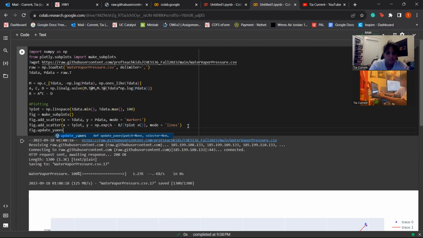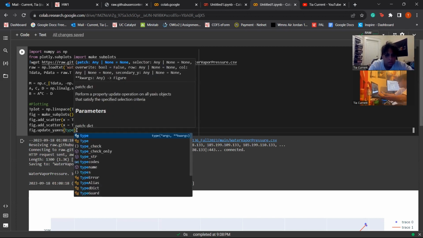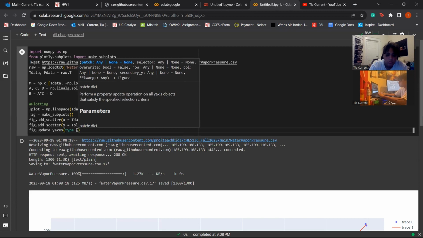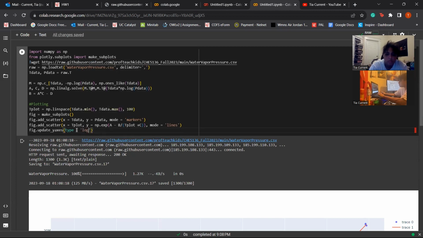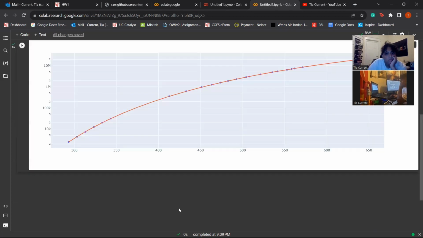Y axis. Let's see what happens. We did it. Okay, now I can finally turn everything in.